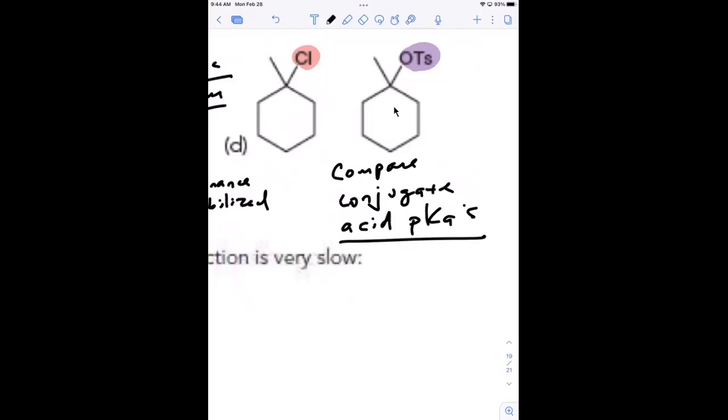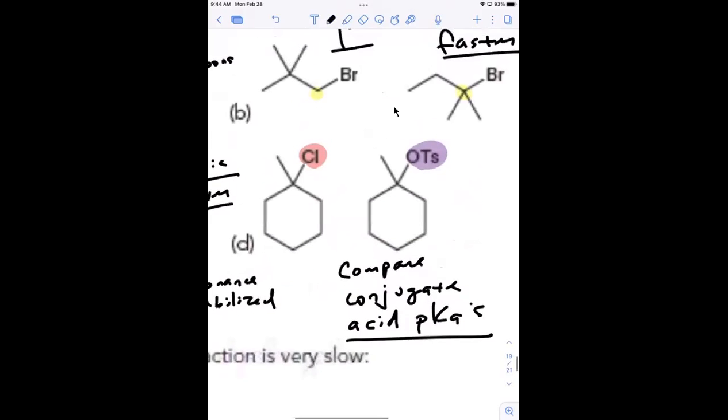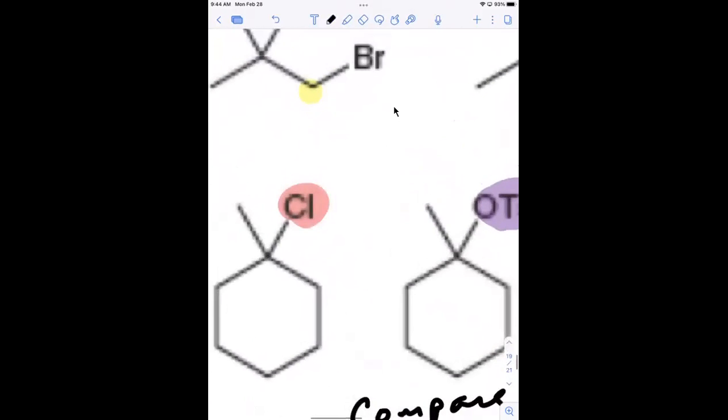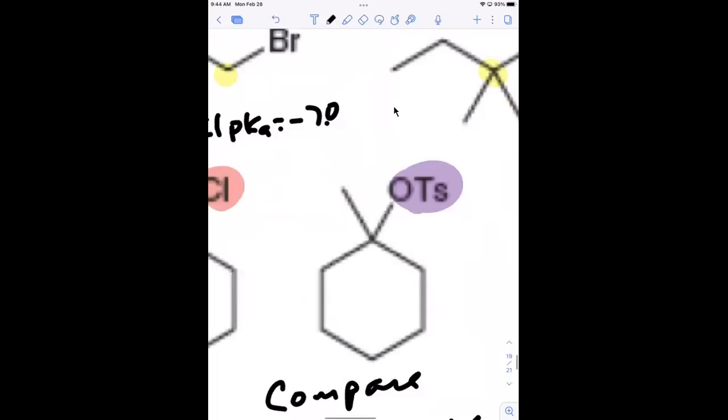Which one is better, tosylate or chlorine? Or chloride, let me say it that way. Don't we have a list of leaving groups? I think I gave y'all the tosylate. Chlorine has a pKa of, well, not chlorine, but the conjugate acid is -7. And then the tosylate is -0.6.